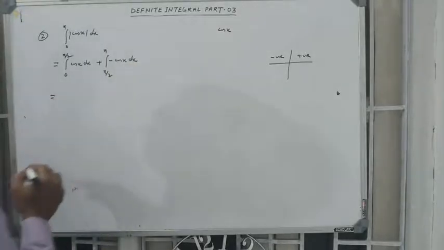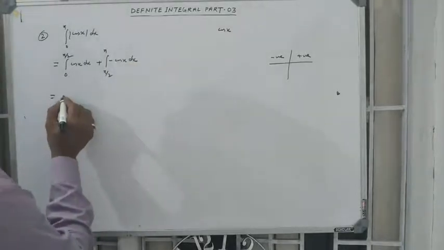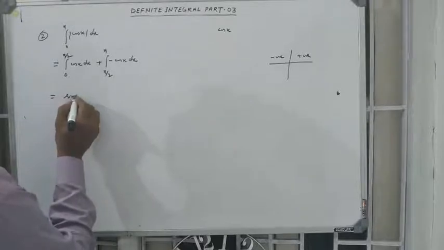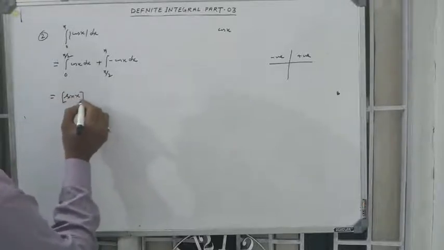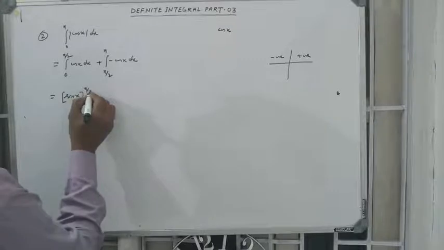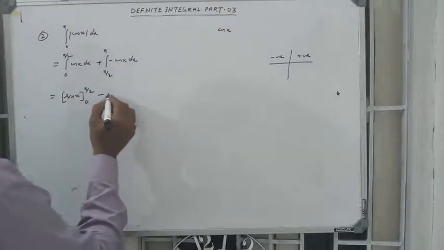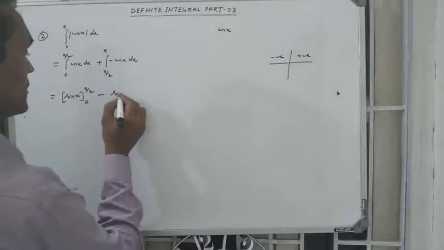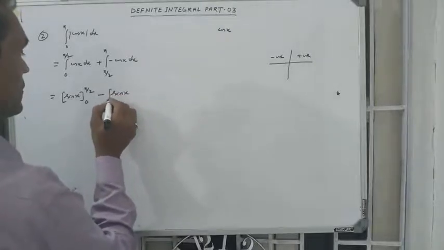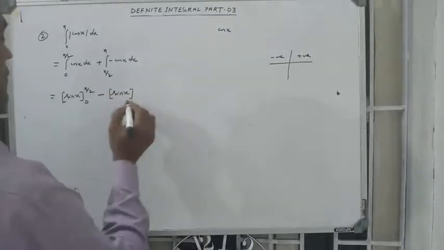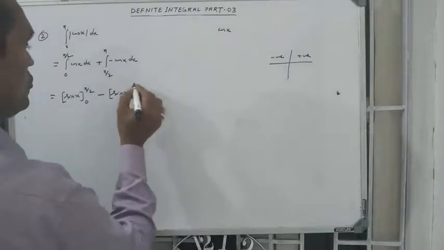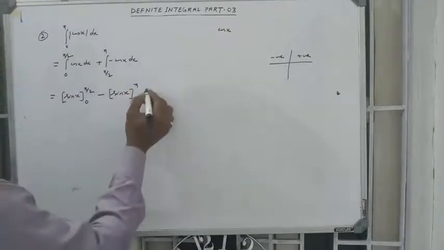Now find its integral. Integral of cos x is sin x, from 0 to pi by 2, and minus you keep outside, then cos x again sin x from pi by 2 to pi.